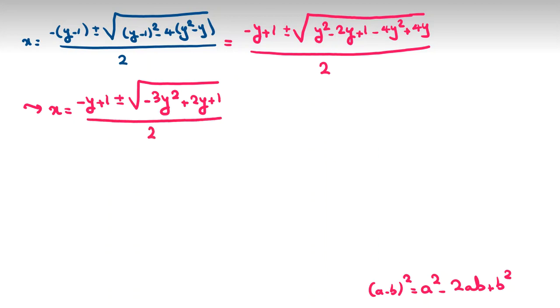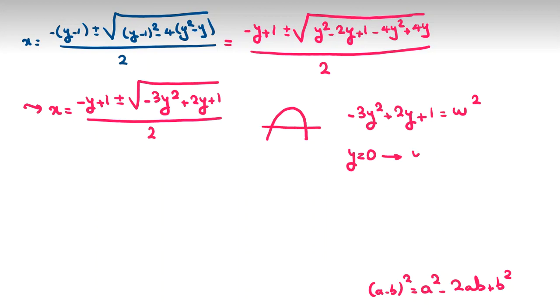all over 2. Here, because we know x and y should be integers from the assumption, the square root of this should be a perfect square. So negative 3y squared plus 2y plus 1 should be a perfect square, w squared. Now, y equals 0 works. For y equals 1, the left side is a quadratic function like this.